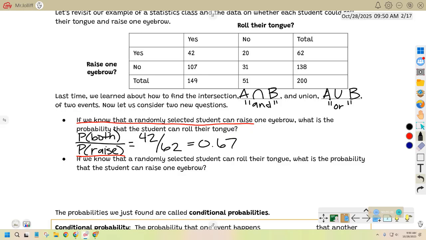Who can tell me? What would the next one be? We seem shy this morning. Jeanette, what are you thinking? That's okay. 42 over 149, which we know the 42 is P both. Where did the 149 come from?